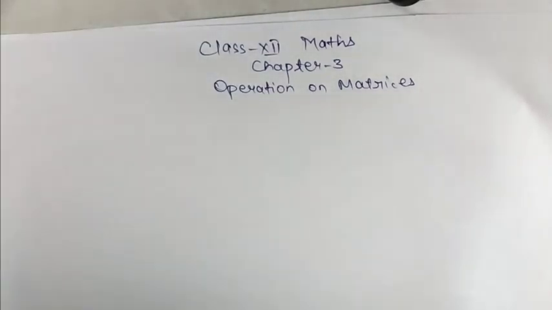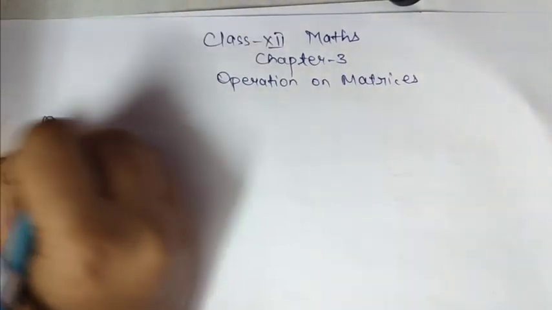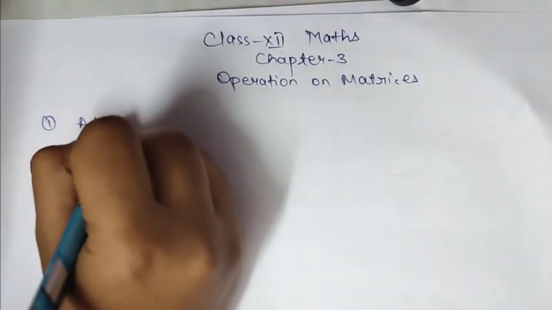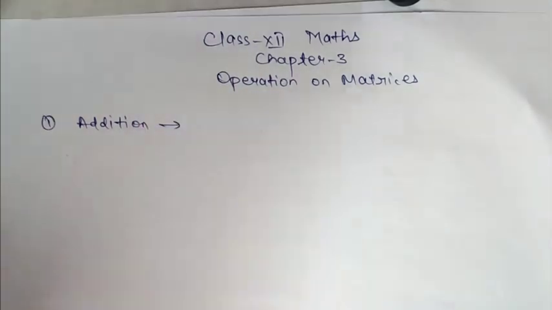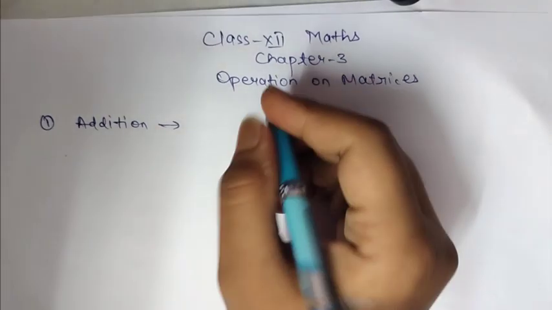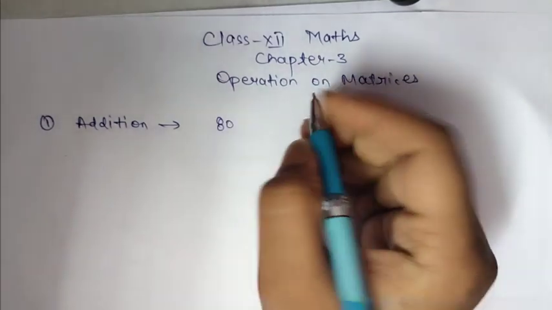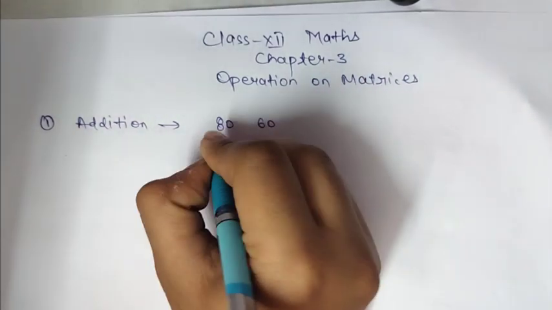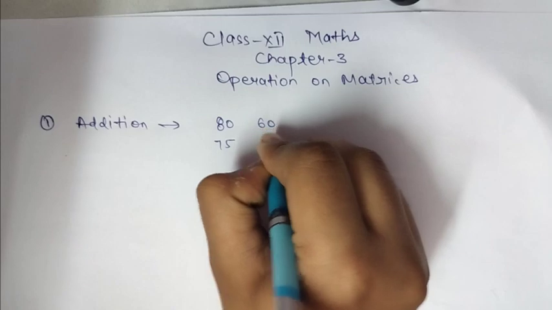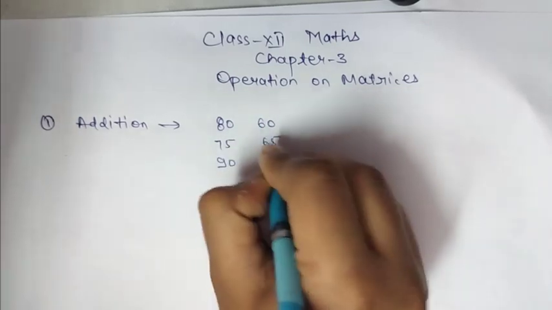So let's start with the addition. First we have addition of matrices. In this topic, we have to simply perform the addition between two matrices. Suppose we are given two matrices. The first matrix has 80, 60, 75, 65, 90 and 85.